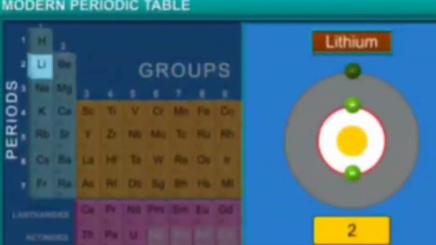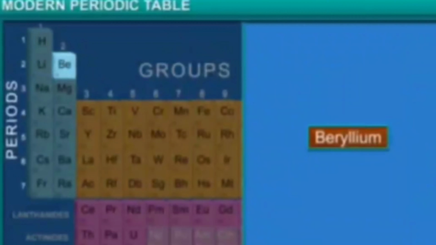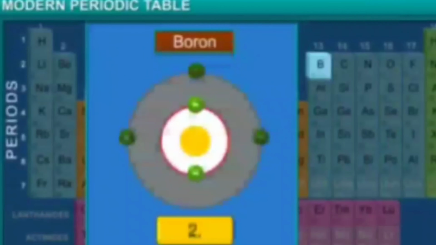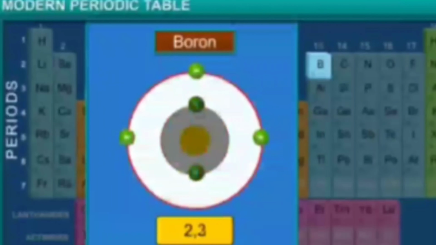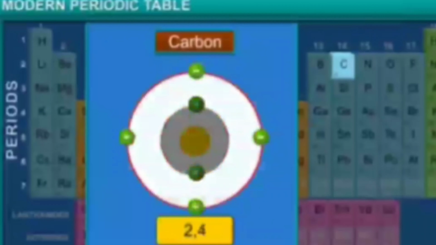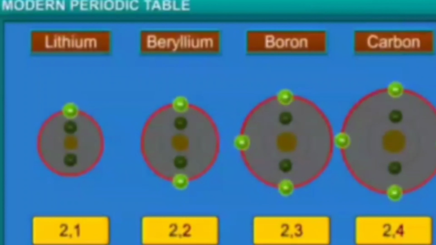Lithium has electronic configuration 2, 1, beryllium 2, 2, boron 2, 3, carbon 2, 4. So here is the trend: the shell remains the same in a particular period, while the number of valence electrons goes on increasing.